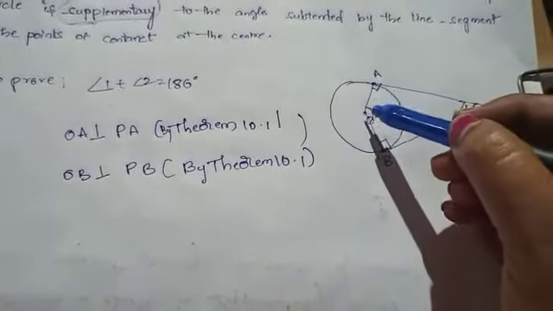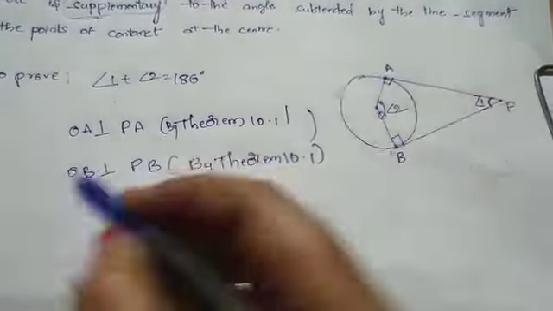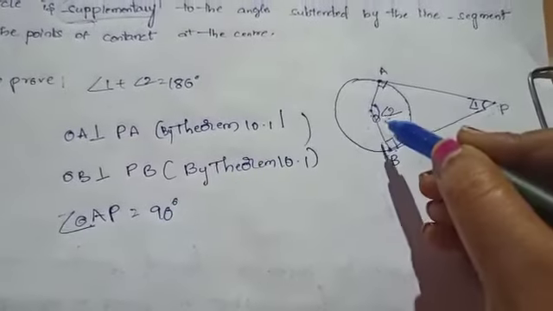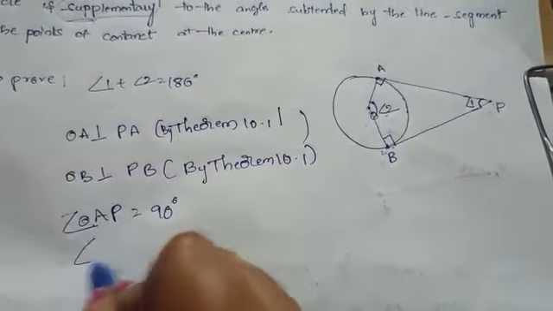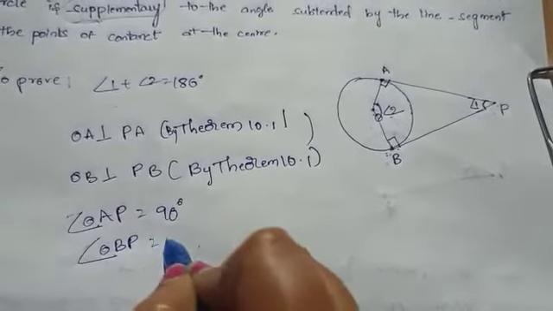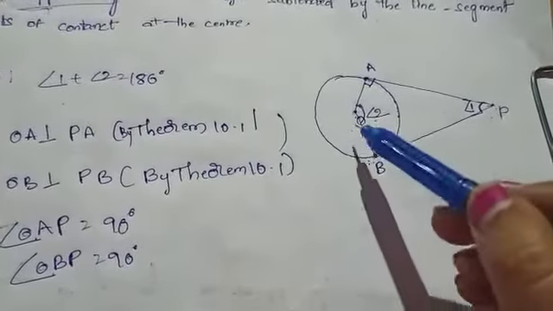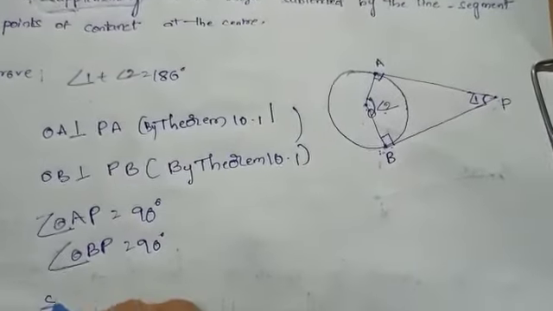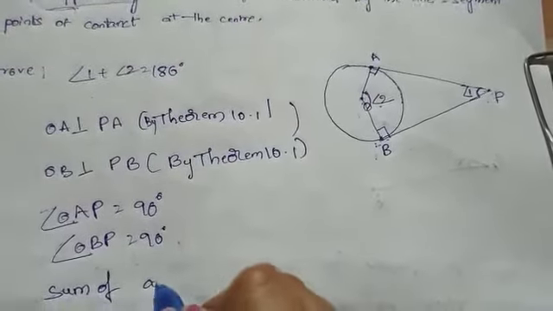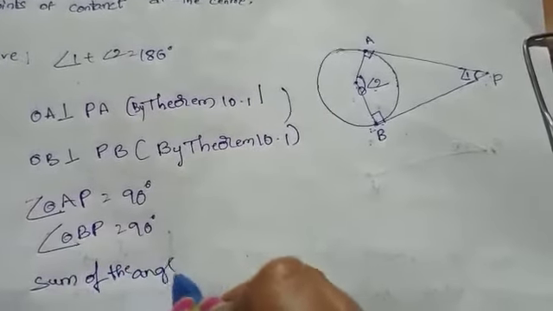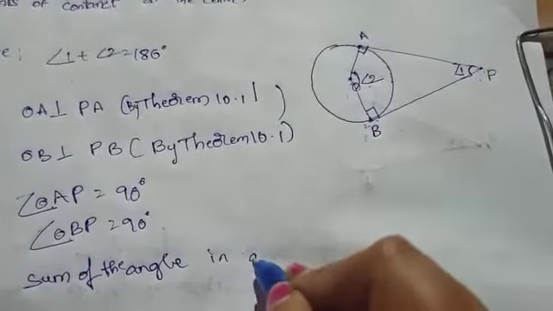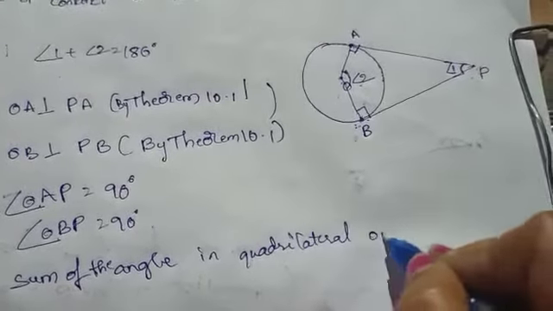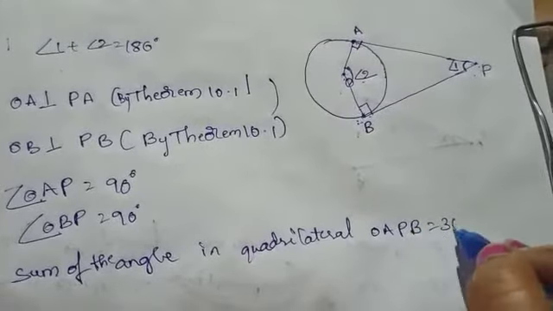See here, angle OAP equals 90 degrees and angle OBP equals 90 degrees. See this figure. OAPB is a quadrilateral. The sum of the angles in quadrilateral OAPB equals 360 degrees.